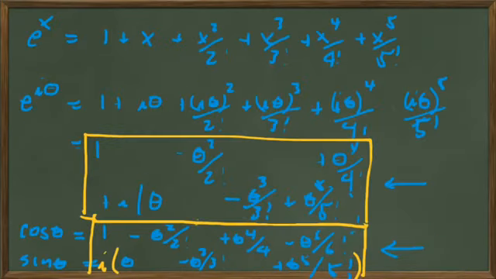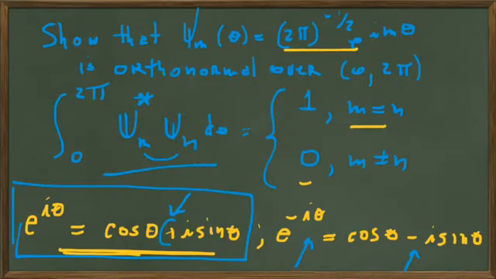So looking back at what we were trying to show, when n equals m, we should get 1, and we did get that, and when n does not equal m, we should get 0, and that's what we got.